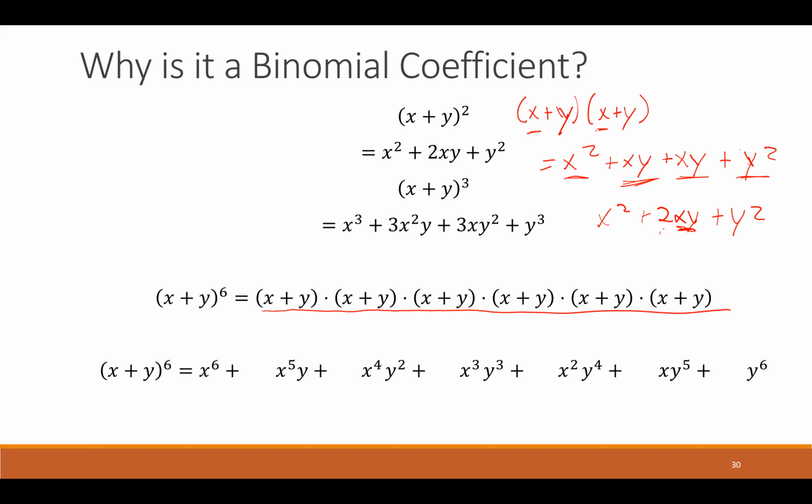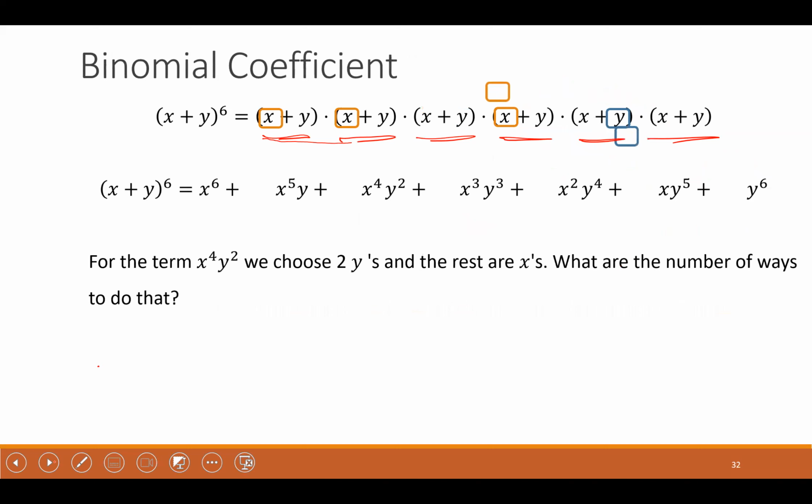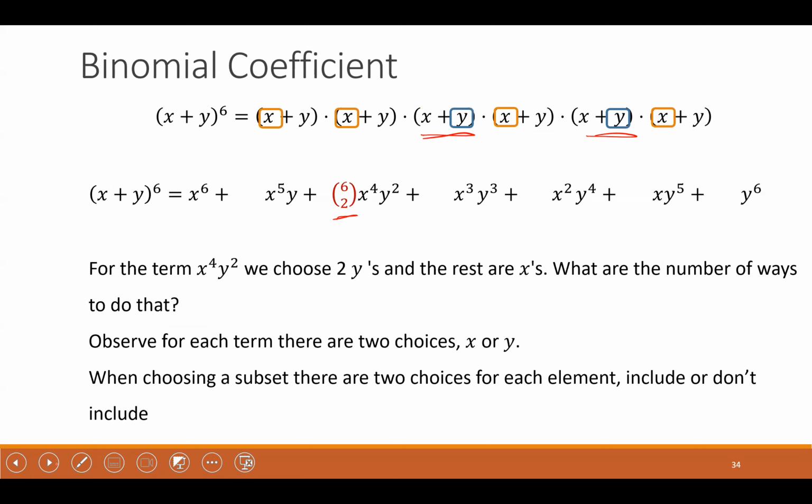So I'm just counting the same thing. So I expand them, I add up all of the like terms, and that's where I get my coefficient. But we can do that using a shortcut by using the binomial coefficients.